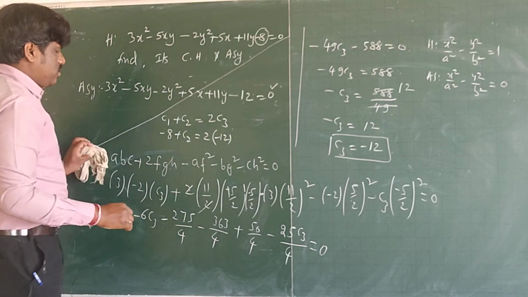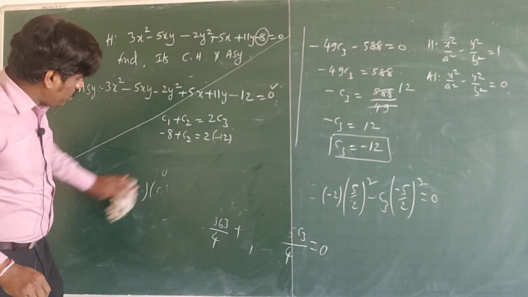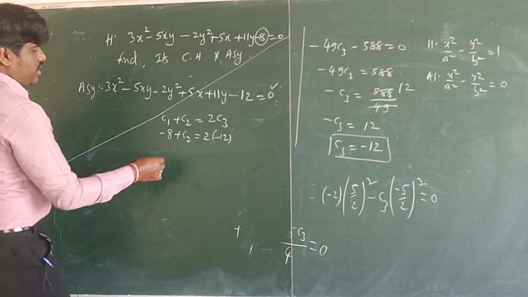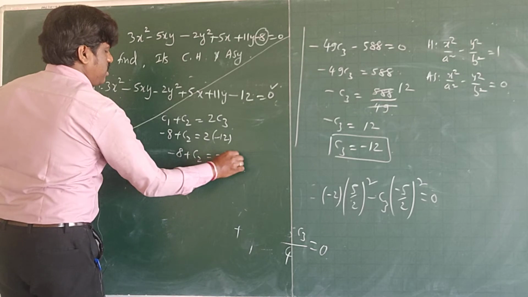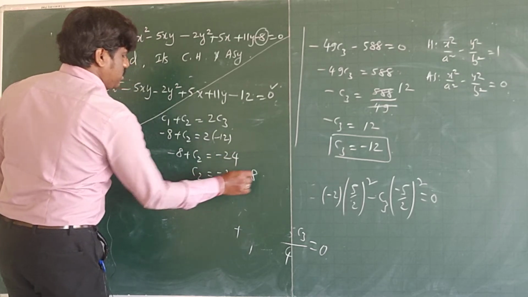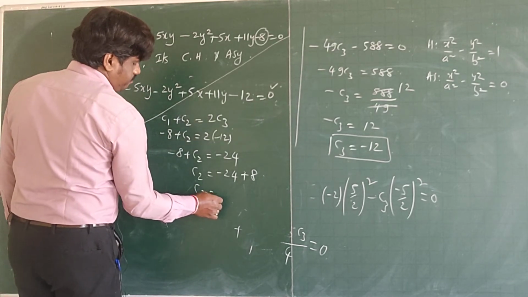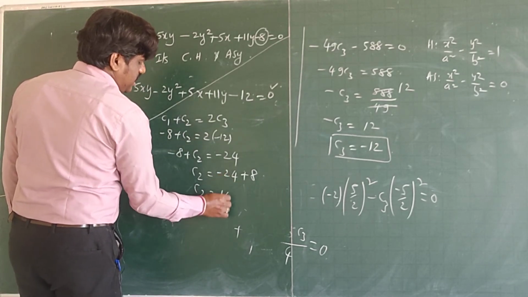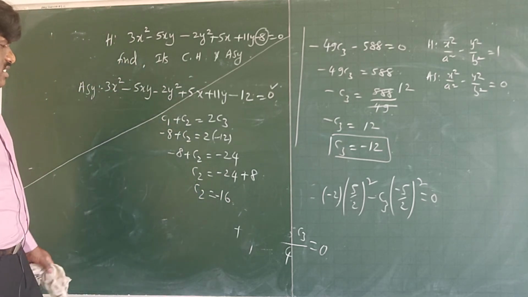So from this you are going to get C2: minus 8 plus C2 is equal to minus 24. So C2 is equal to minus 24 plus 8, so C2 is equal to minus 16.